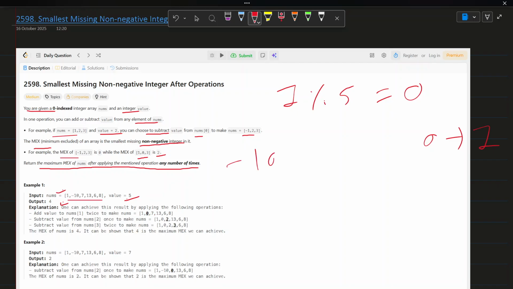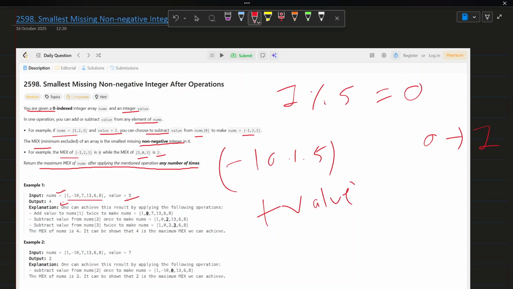For minus 10, what we need to do is first take minus 10 modulo value. After deriving this answer, we need to add value again to handle the negative variables.